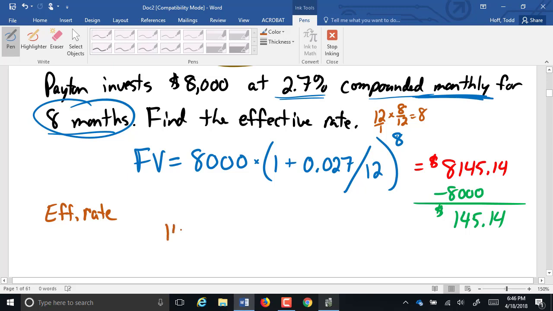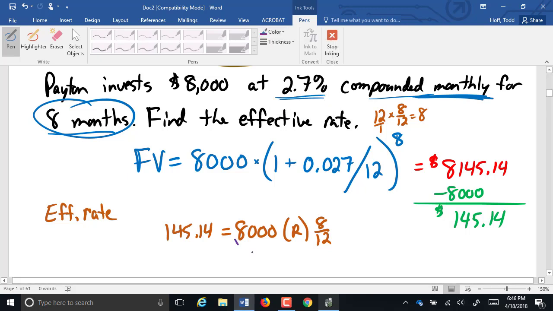So it is the 145.14 interest equals $8,000 is our principal times our rate, which is R, what we're looking for. The time is 8/12. 8 months out of a year is 8/12.